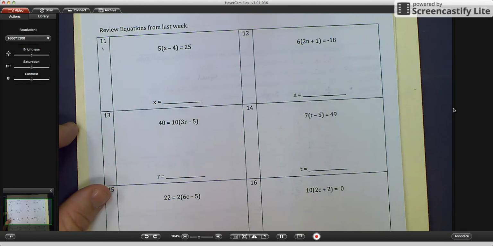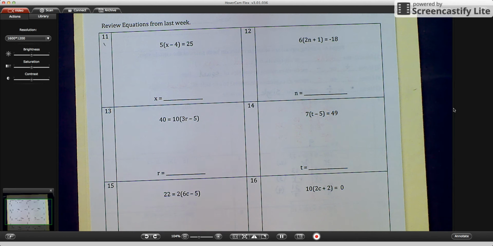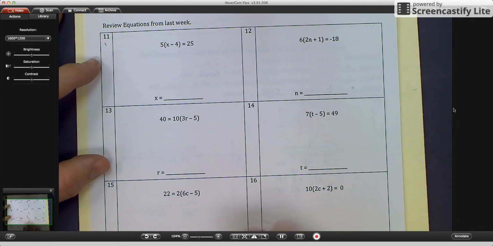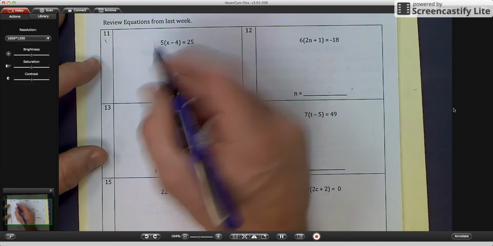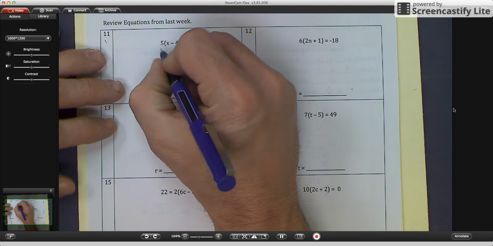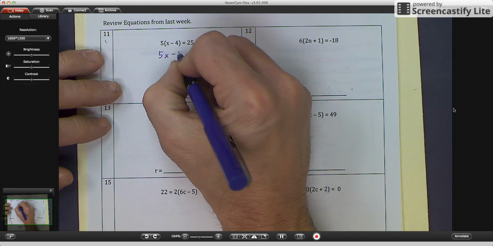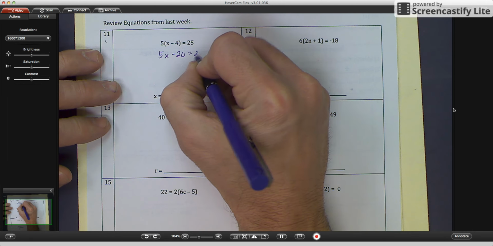Then flip it over on the back, and these are the equations that we did last week. I'm going to go over number 11 and then allow you to do the rest of these as well. So we see parentheses, and last week I believe the steps were distribute first. So 5 times x is 5x. 5 times a negative 4 would be minus 20 is equal to 25.